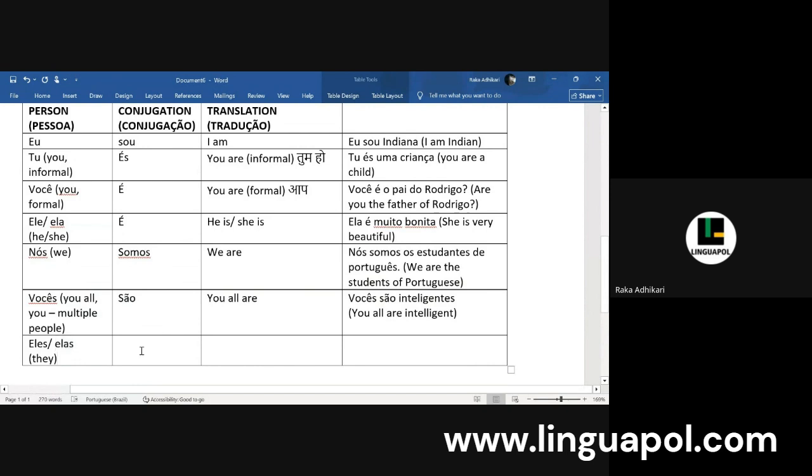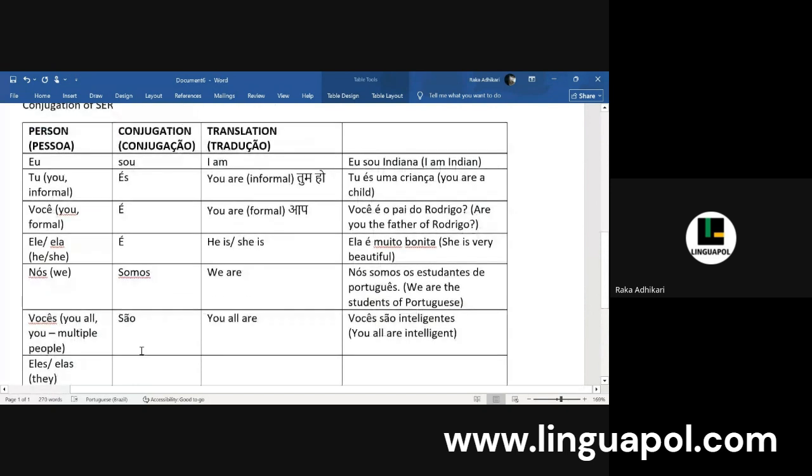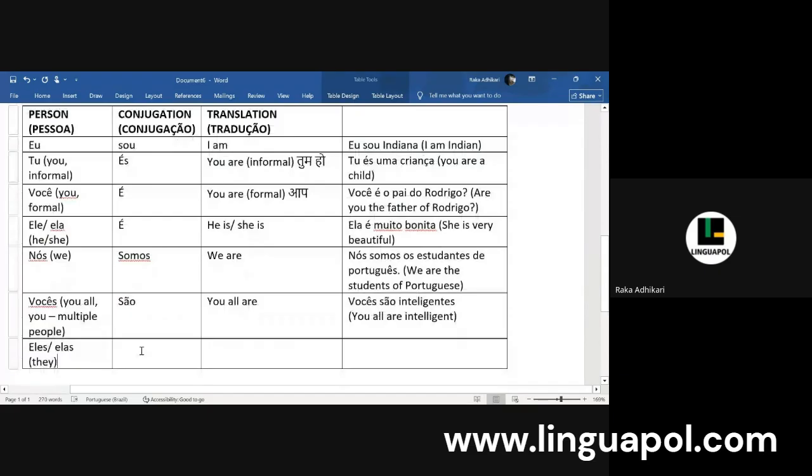So when do we know which one to use? If we have a group of people where everyone is male, if we have a group of men, then we will definitely use which one of these words? Yes, eles.